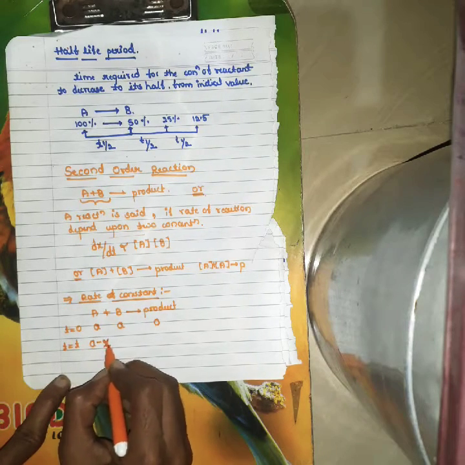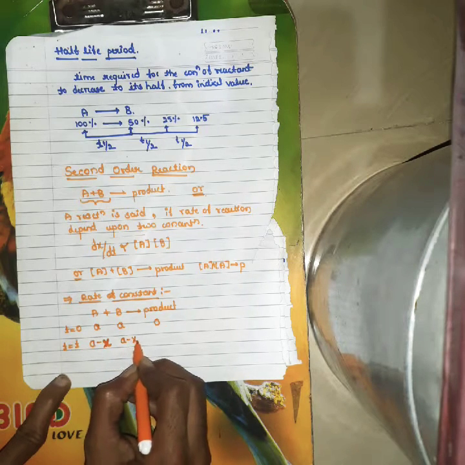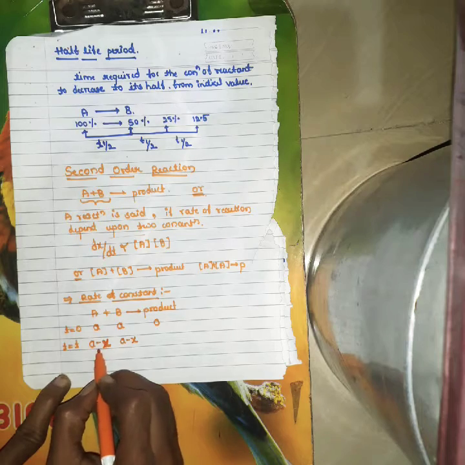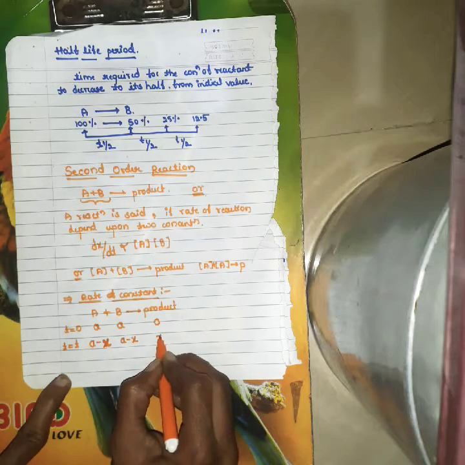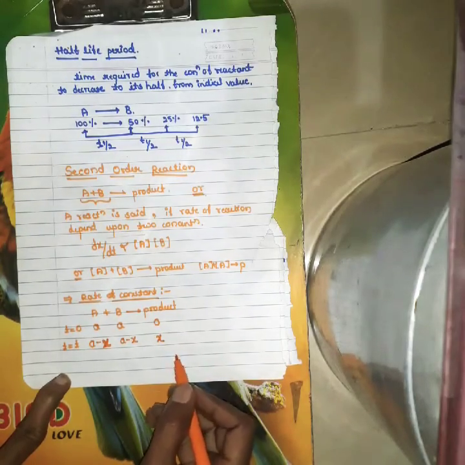You have to denote it as a minus x, and this is also a minus x. There is a decrease of x, and it is forming product, so the concentration of product is x.